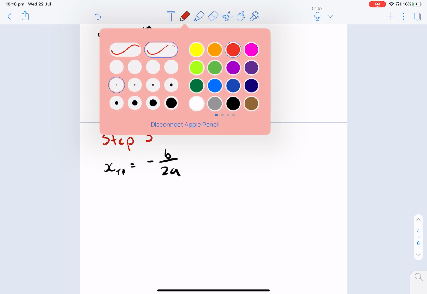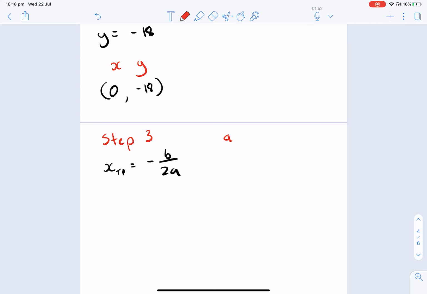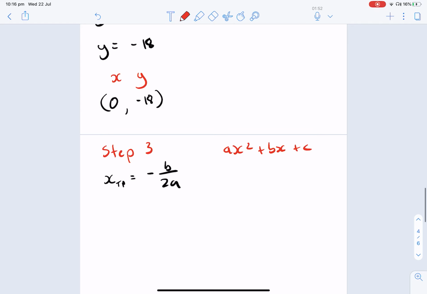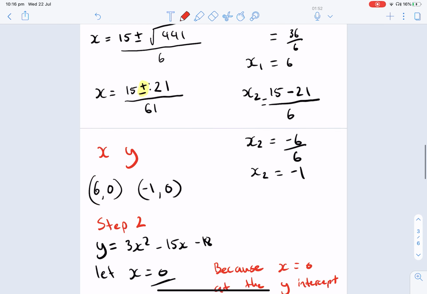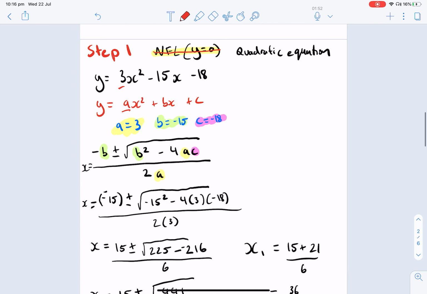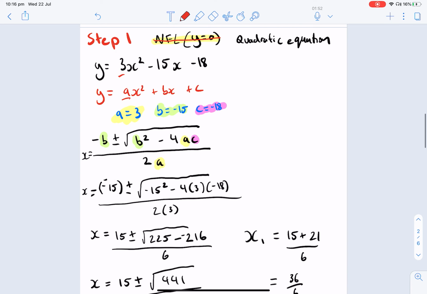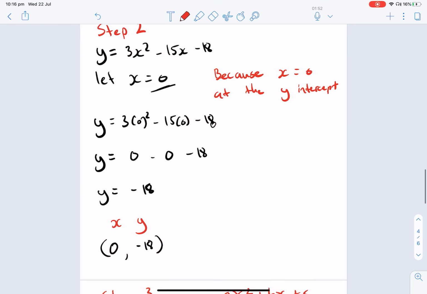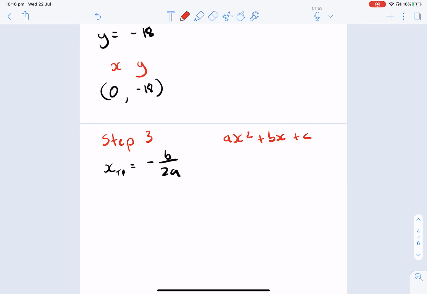And when they're talking about our b's and a's, guys, remember they're talking about this quadratic expression up here. So we already found what those values were up here. So our a is 3 and our b is negative 15. Remember, our a was 3, our b was negative 15, and our c equals negative 18.